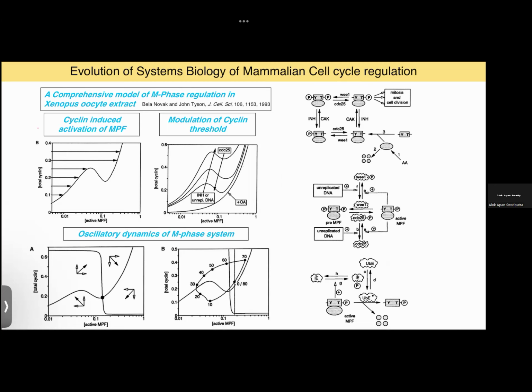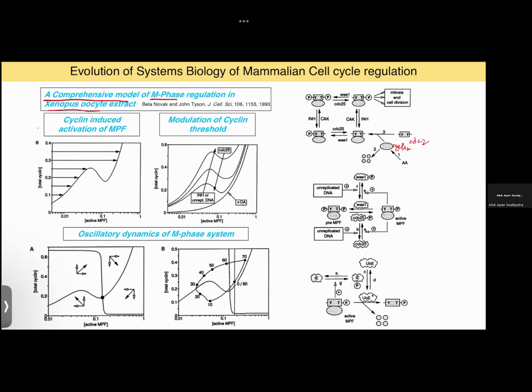So if you see this portion right here, this is the CDC2, which I had mentioned earlier, and this is your cyclin. And why is this a more robust model? You see, this is the title of the paper: a comprehensive model of M-phase regulation in Xenopus oocytes. The earlier case was only the early embryos.